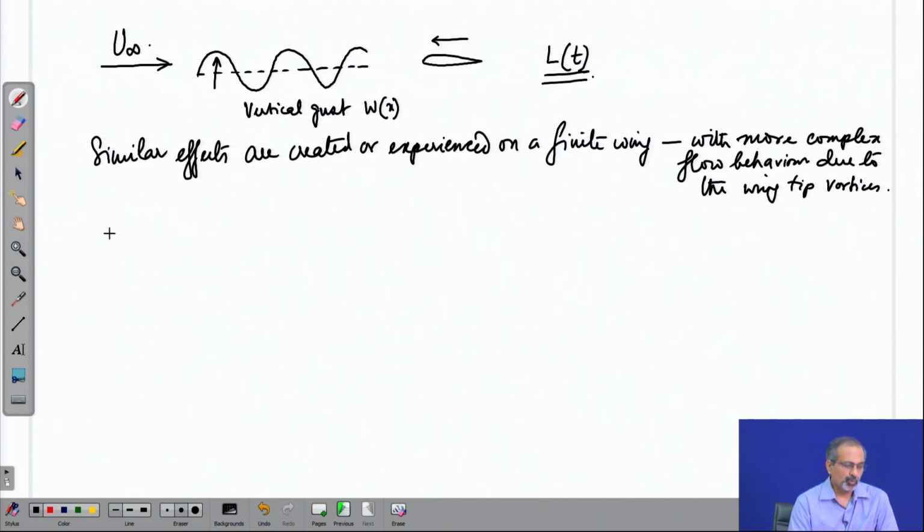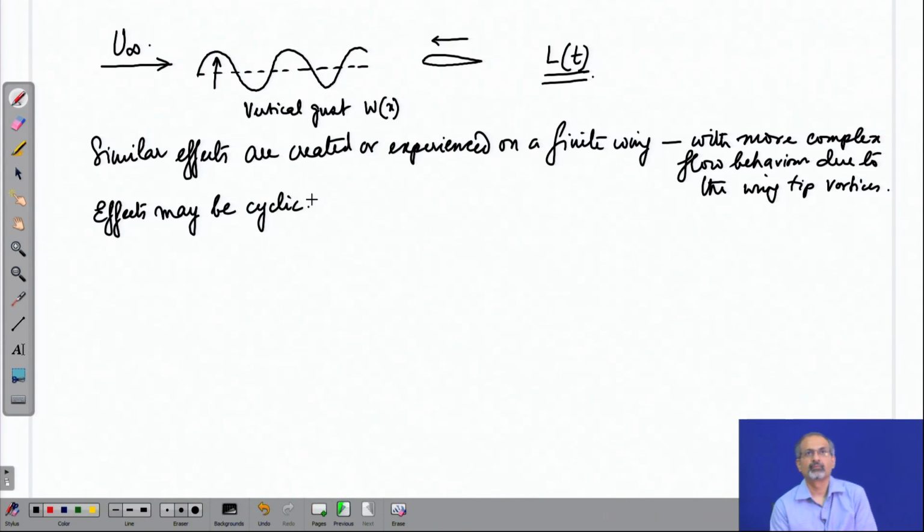So, we were talking about one time changes, that means instantaneous changes of the free stream velocity or angle of attack, etc., but these changes may also occur cyclically. Let us say how they may occur.